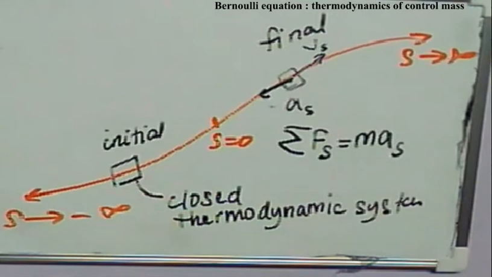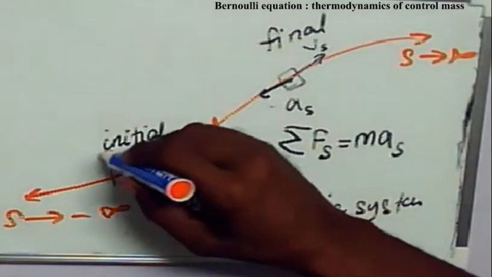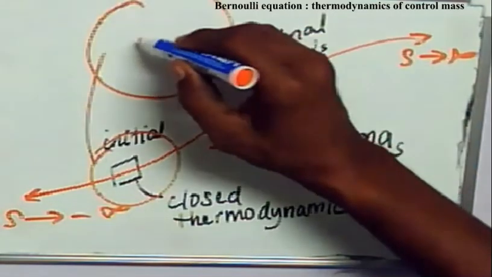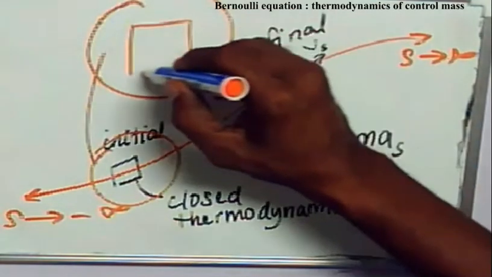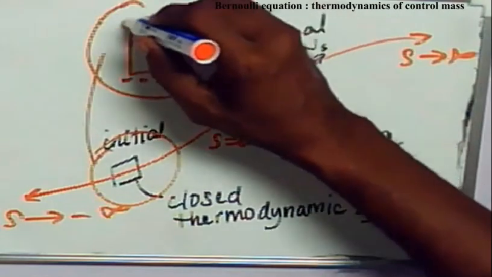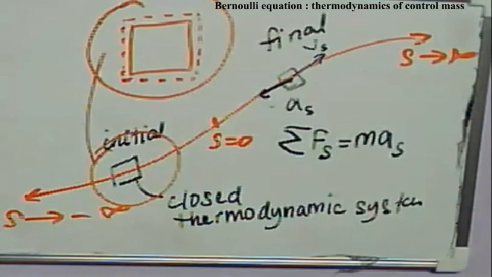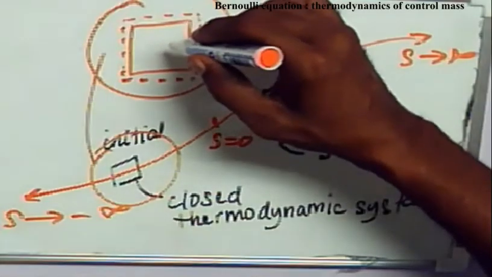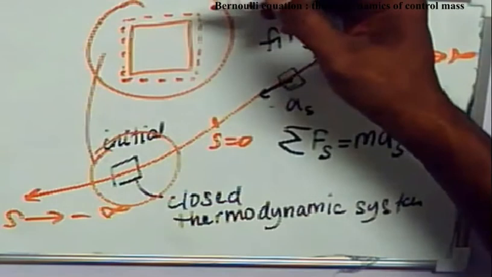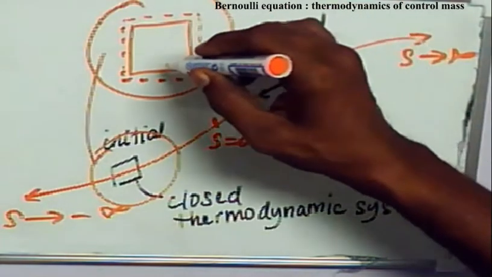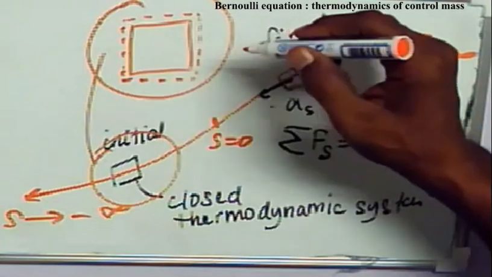Right, so if I try to make it larger, so we have the fluid mass, and then there are boundaries of the thermodynamic system, and this fluid particle is receiving work, for example, from the body forces and the surface forces, right?